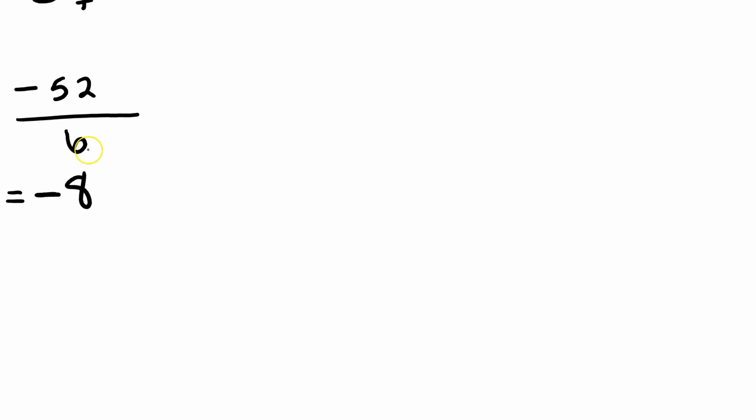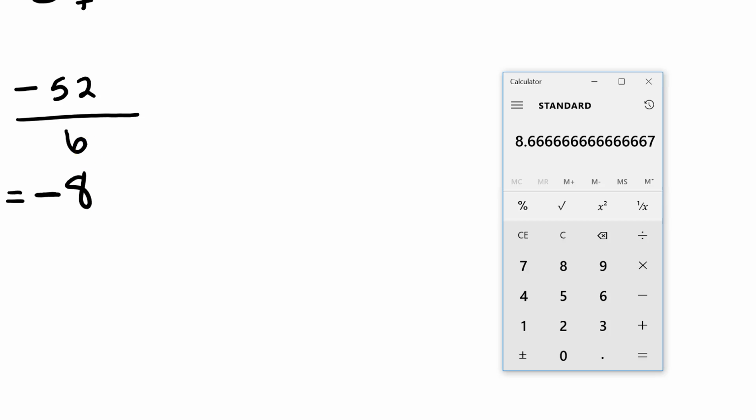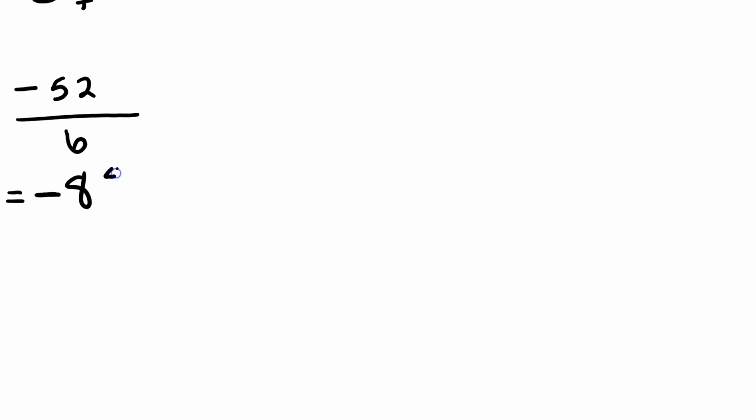So 6 times 8 is 48. I want to find the difference between 52 and 48. So 52 minus 48 equals 4. We're left with a remainder of 4, so it goes 4/6. So negative 52 over 6 equals negative 8 and 4/6.